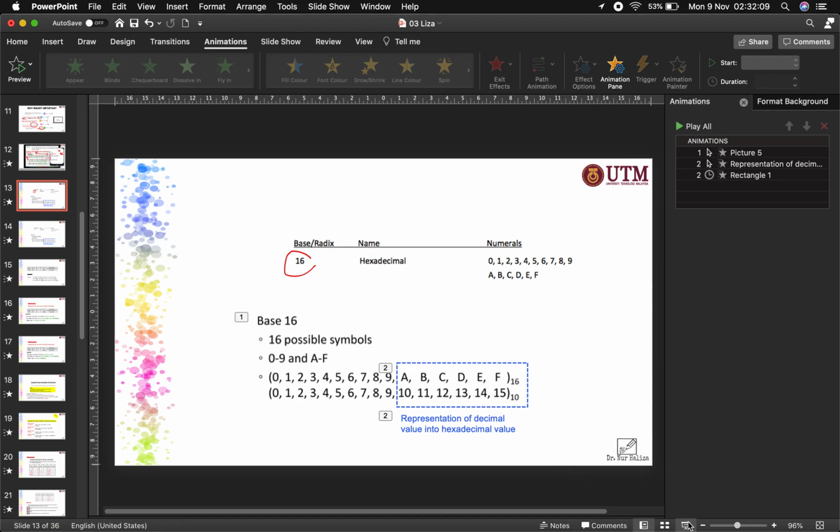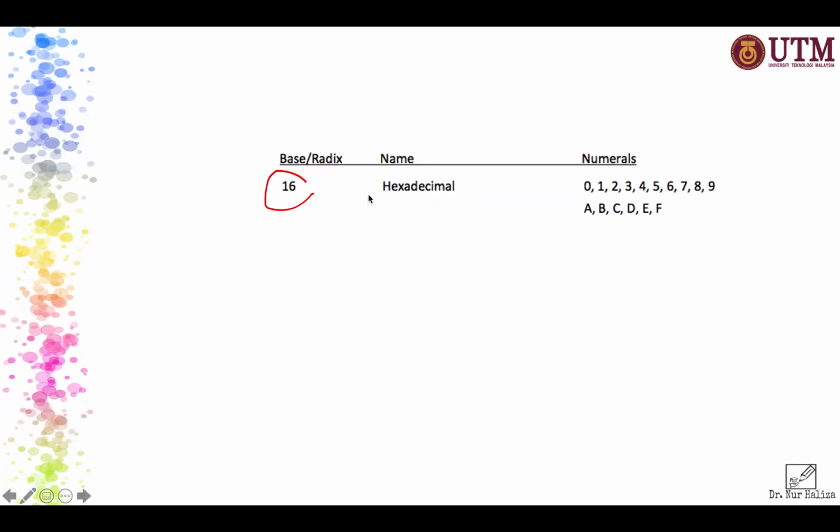Now we take a look at base 16 first, which is hexadecimal. You can see that hexadecimal has 0 until 9 and then A until F. As I already mentioned before, A represents 10, B is 11, C is 12, D is 13, until F is 15.